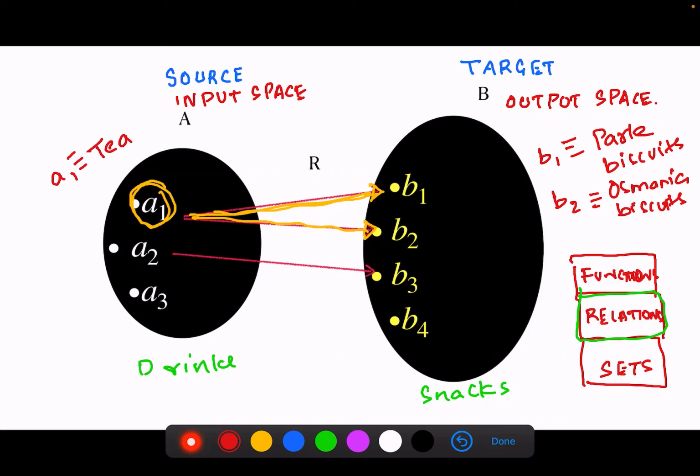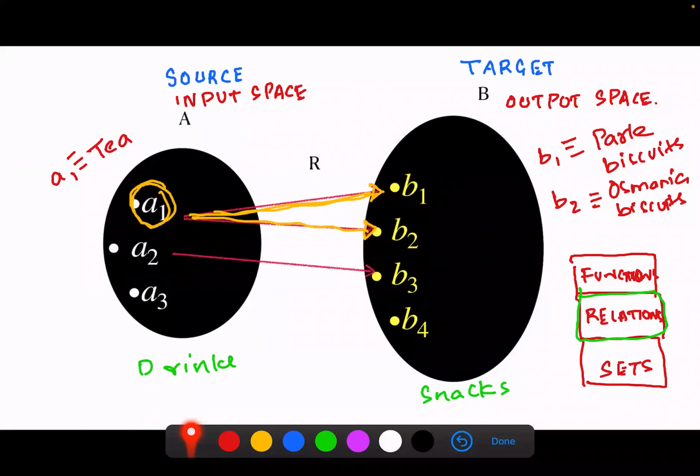After a few classes you will definitely understand this, because we'll be working on many problems based on these three concepts. Now, what is a domain? Domain is the list of elements in the source set which have a connection with the elements in the target set. So the set of those elements is the domain.